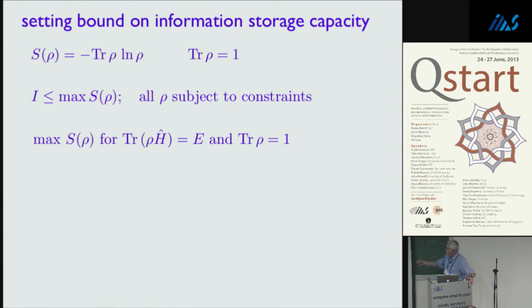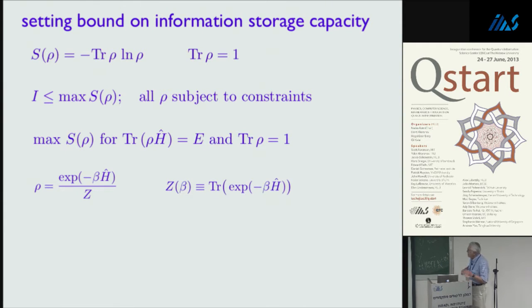We know how to calculate this sort of thing because in statistical mechanics we're told that the rho which satisfies these conditions is this canonical one, where Z is the normalization factor, the partition function. You find the parameter beta, the inverse temperature really, by calculating trace of rho H, which is the energy of the system.